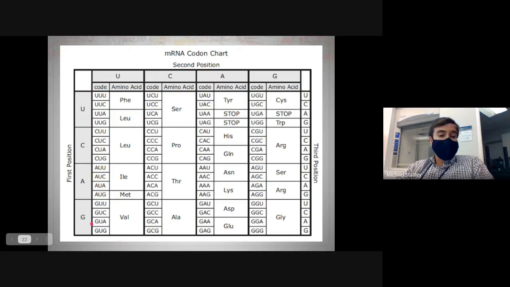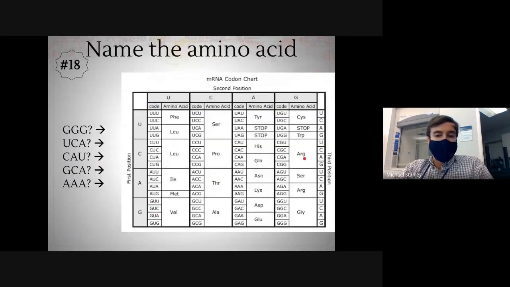So I showed you guys how to do AUG and GGG, but now I want you guys to help me out a little bit. I shrunk this down a little so I could put some of these questions in here. Oh, look at that, I already did GGG for you right up there. We said that it is glycine.